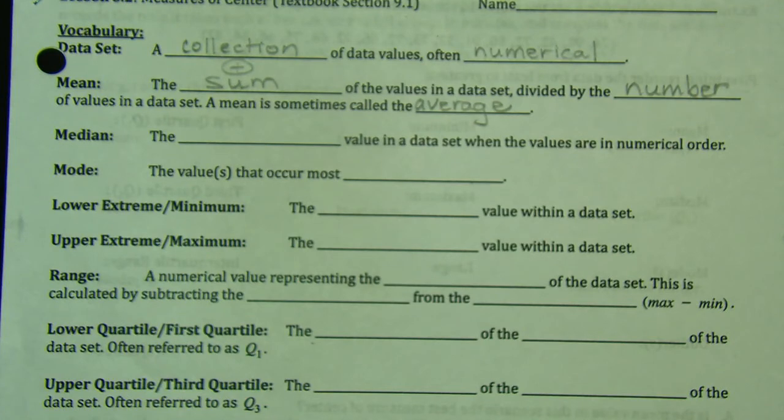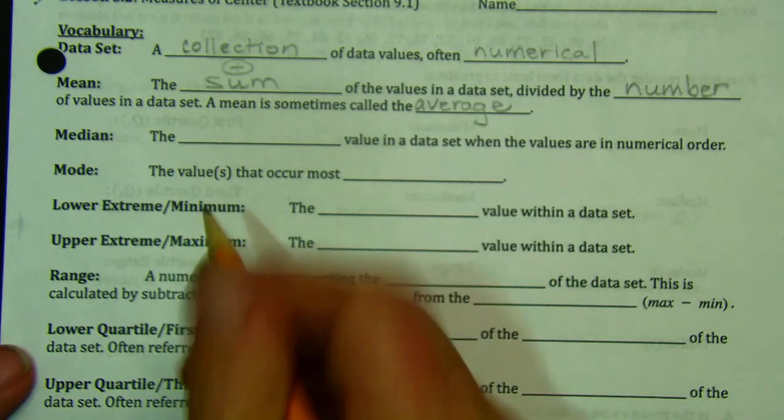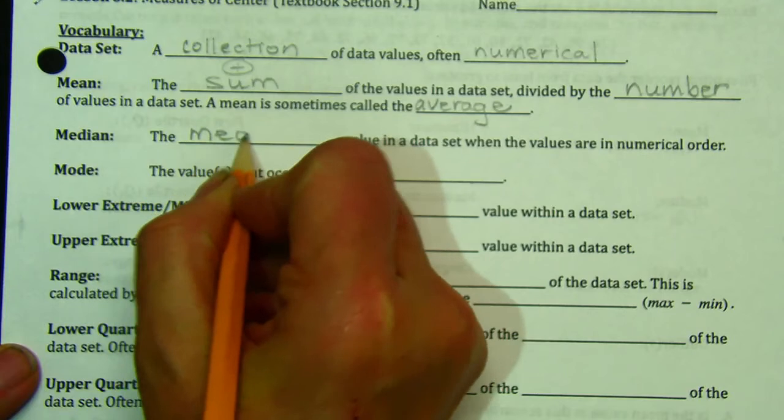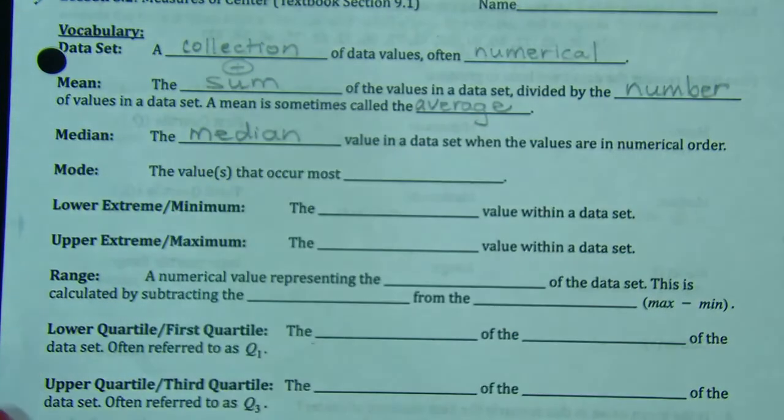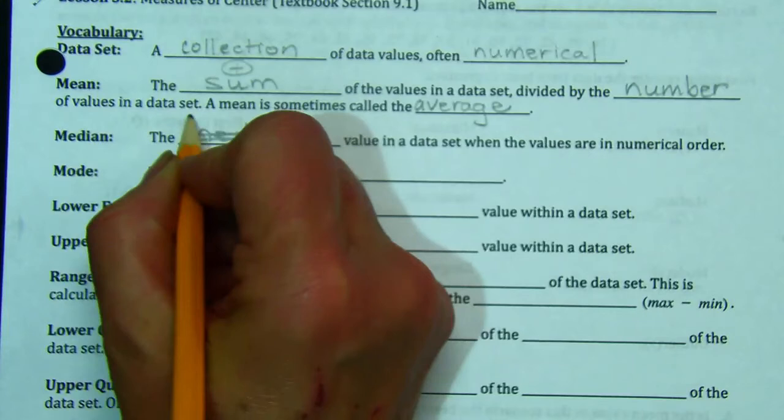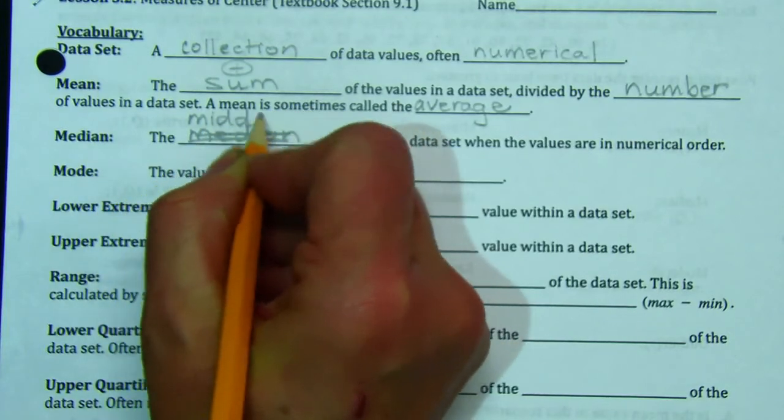All right, who remembers what the median is? Rory: It's the number in the middle, the very middle number. Is that always easy to find? Not necessarily. If we have an even number of data values, it's a tiny bit more challenging than if we have an odd number. Sorry, can't put the word you're trying to define as the definition.